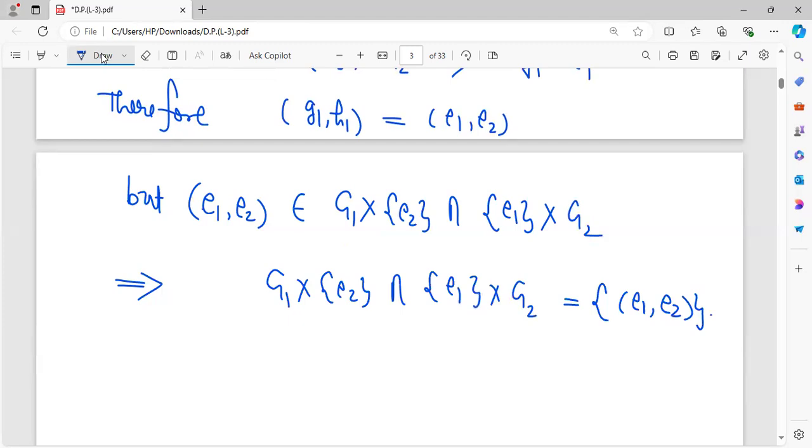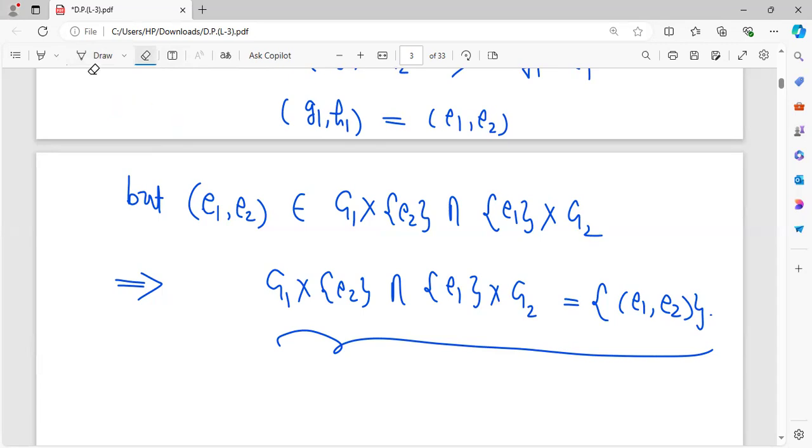Okay. So you take any element from the intersection, it turns out to be (e1, e2), and we know that (e1, e2) actually belongs to this intersection. So what is the intersection exactly? Exactly the intersection is this one, (e1, e2). Okay. So in place of, therefore you can write, use this symbol.